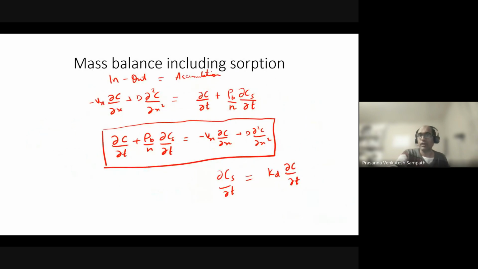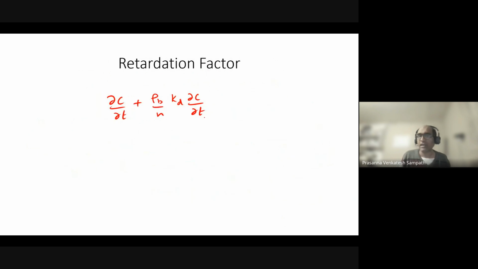If you look at it, I have dou CS by dou t, right? This term, I'm replacing it with KD into dou C by dou t equal to minus vx dou C by dou x plus D dou square C by dou x square.